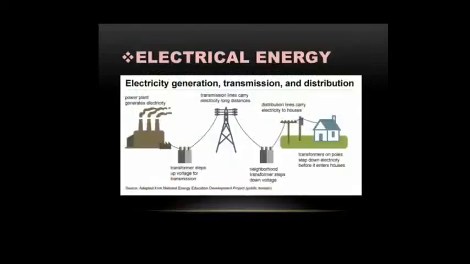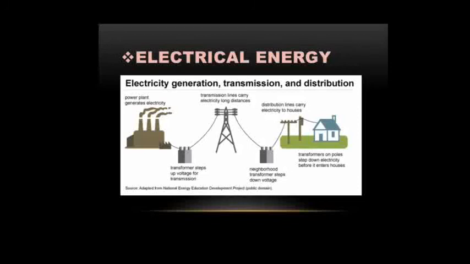Now let us understand electrical energy. Electricity is a type of energy that can build up in one place or flow from one place to another. Electricity or electrical energy is most often generated at power stations and supplied to our homes.